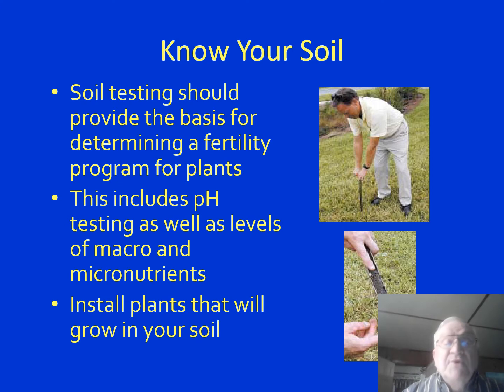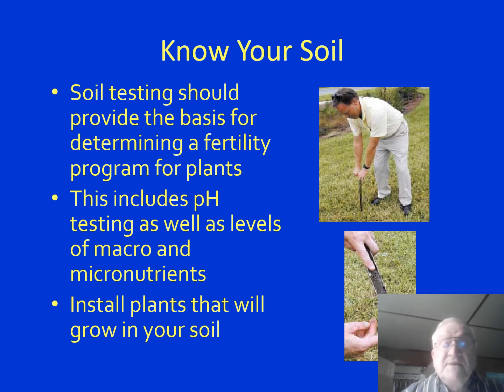Know your soil. The soil testing has to be done by taking cores of soil. You can do it with a core or a shovel or a trowel or whatever, but just take a slice through the soil, the top 6 inches, 8 or 10 places around an area you want to test, and mix them together, and then dry them out on a piece of paper, and then take them to the extension office to send off to be tested.